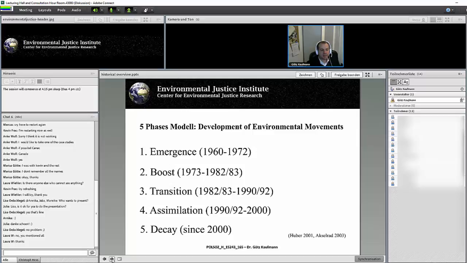So we are going to see later on that what Huber framed by the 5 phases model can somehow be applied to the environmental justice movement as well, and that's why it might be interesting for us to look at whether the phases he has developed apply to the historical environmental justice movement, or the environmental justice movement by now, in the same way.